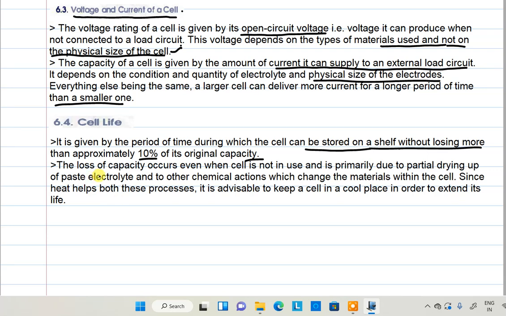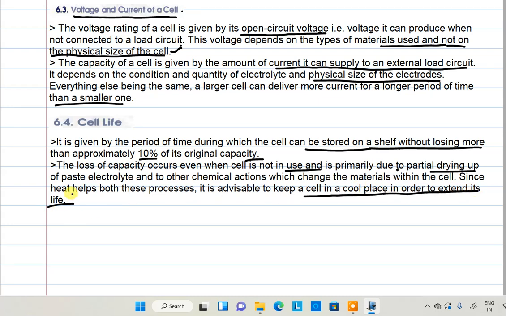So how do we avoid that 10% loss? The loss of capacity occurs even when the cell is not used, primarily due to partial drying up of the paste electrolyte and other chemical actions which can change the material within the cell. Since heat helps both these processes, it is advisable to keep cells in cool places in order to extend their life.